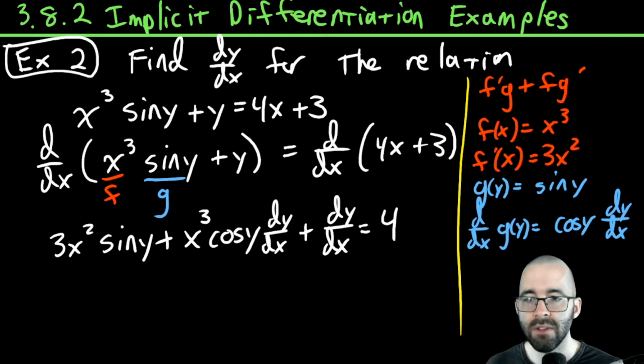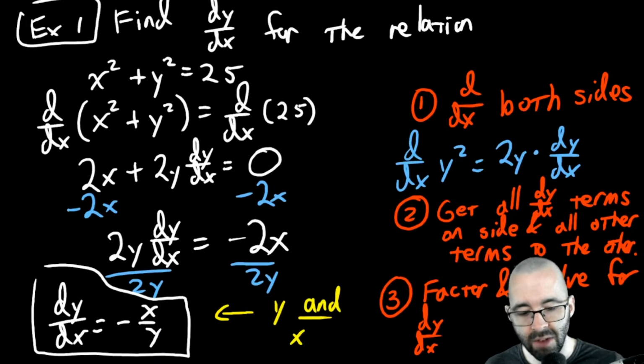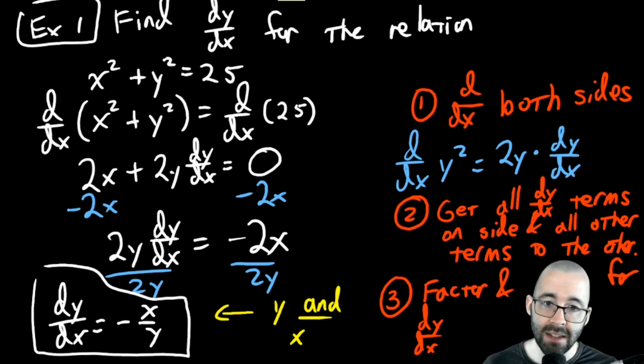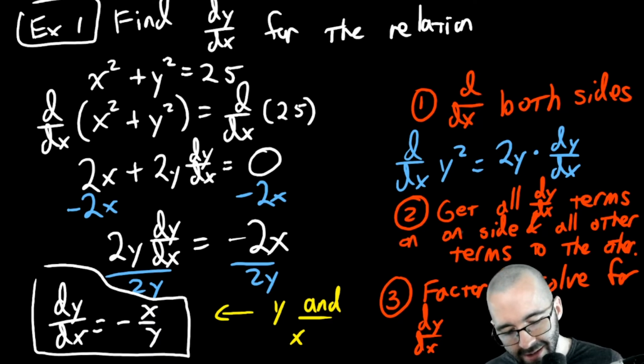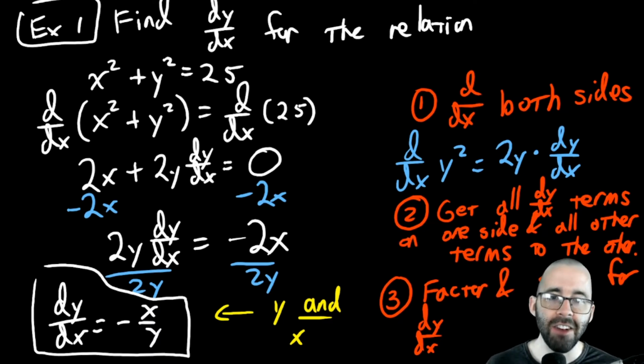And now we need to follow the second step, which said get everything with dy/dx on one side, and all the other terms to the other side.